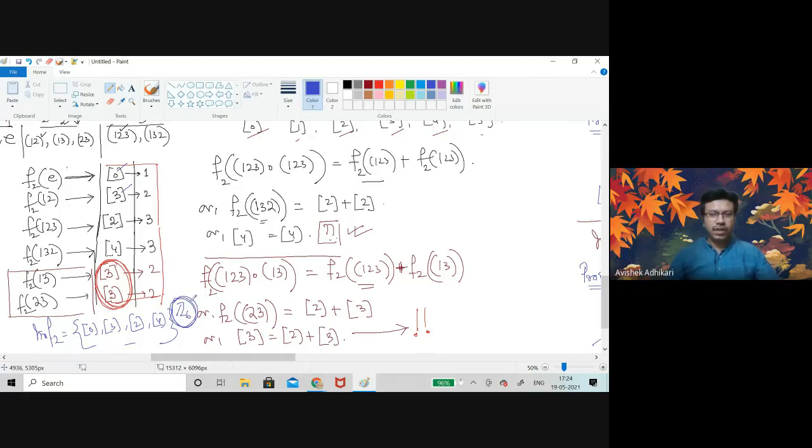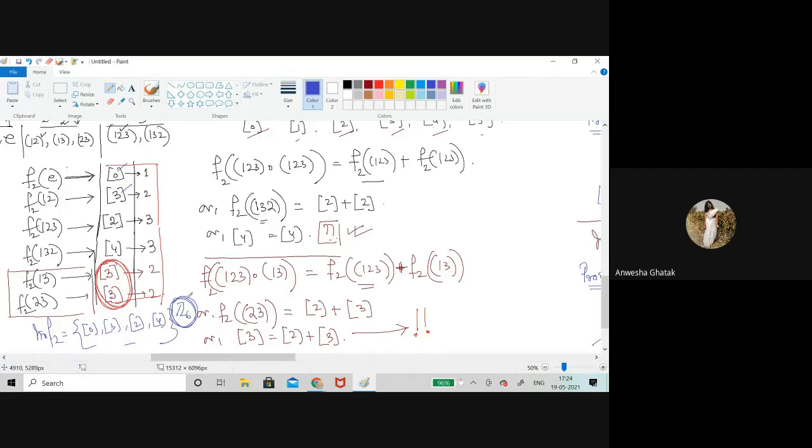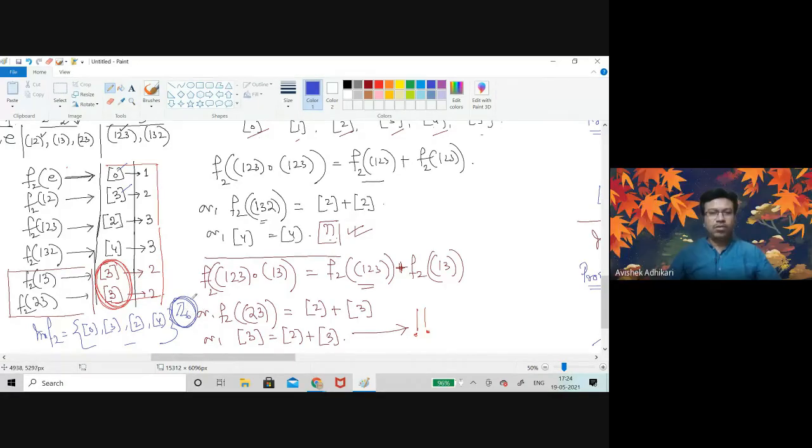Why? Very good. Why? 5 does not exist. The closure does not hold. Not only that, this is not even a subgroup. If this could be a subgroup, then its order must divide the order of the group. So this order is 4 and this order is 6. So 4 cannot divide 6. So now you can understand that in many problems, you will be able to apply Lagrange's theorem.